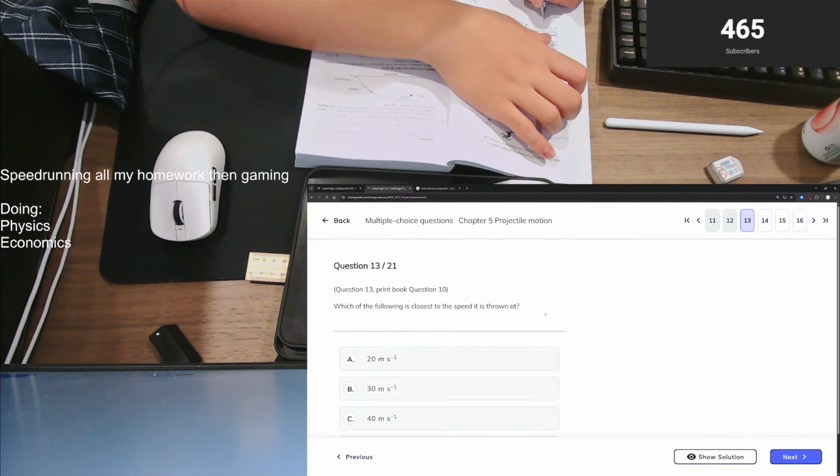S equals 1. A equals 9.81. B equals 3.05.